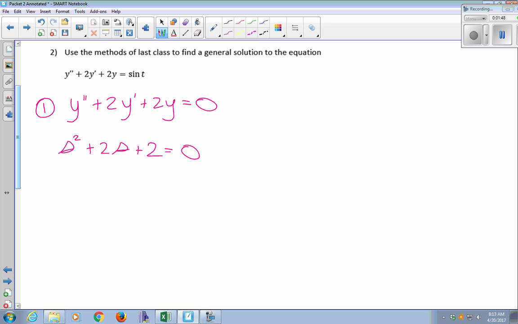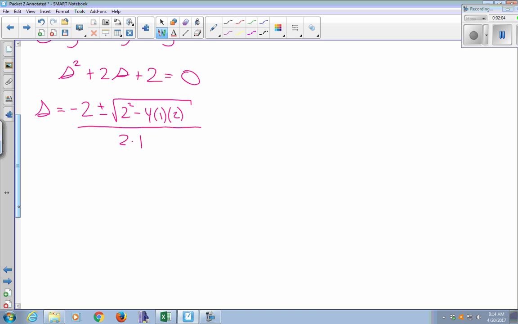That's all right. Okay, so I got to use the quadratic formula here. s is negative b plus or minus the square root of b squared minus 4 times a times c, all over 2a. So that's 4 minus 8, which is negative 4.